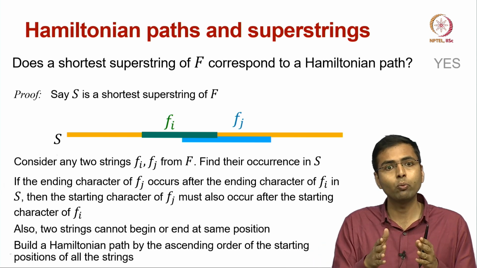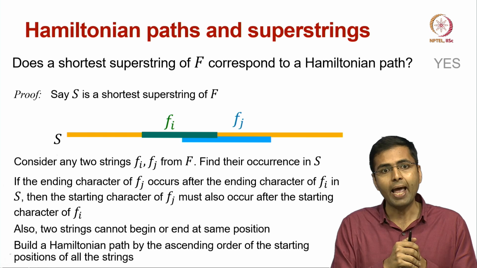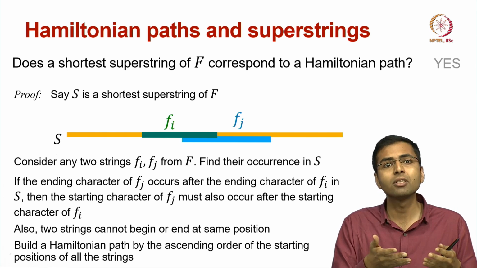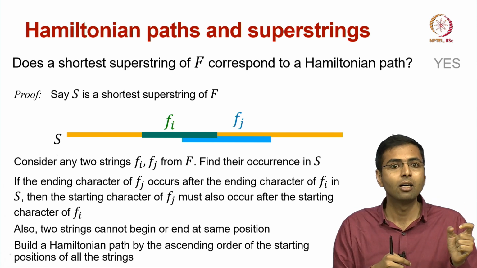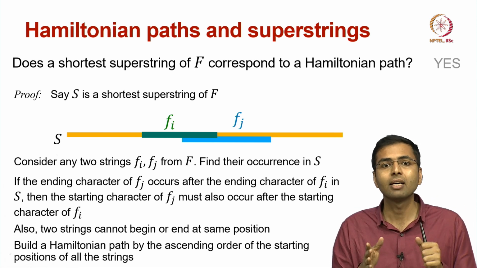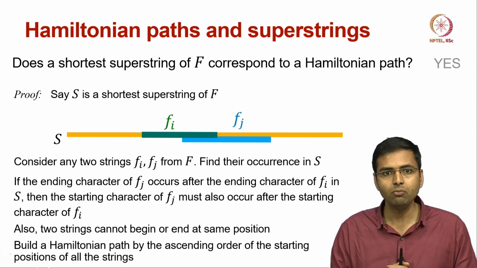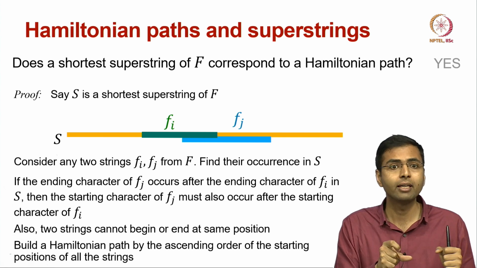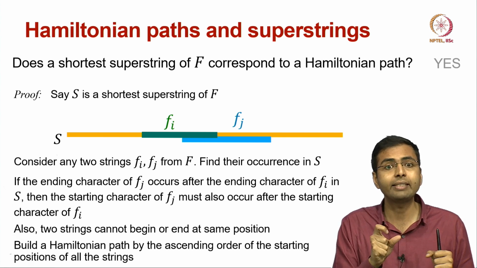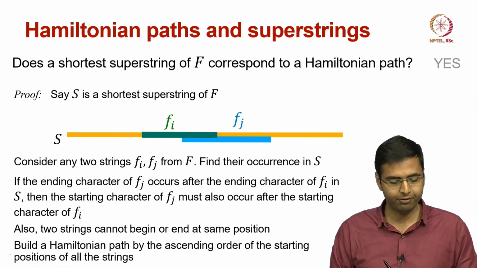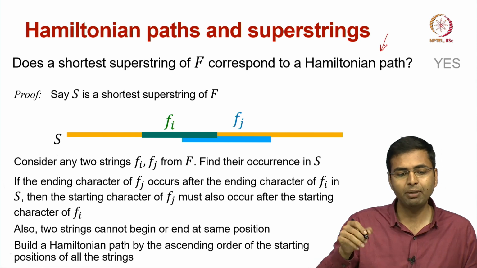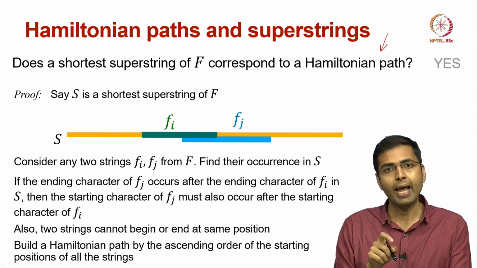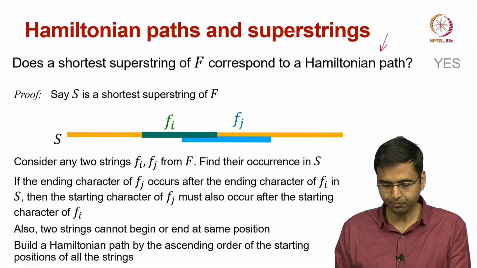Following this order we can build a Hamiltonian path, and that proves that this shortest common superstring S corresponds to a Hamiltonian path in the overlap graph, because we have given the specific ordering in which all these vertices can be visited in the overlap graph. So this proves the property and establishes the connection between the shortest common superstring problem and the Hamiltonian path problem.